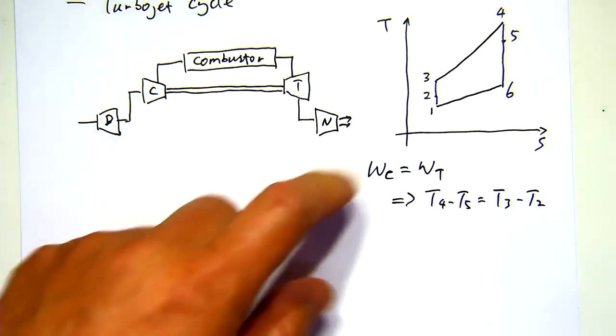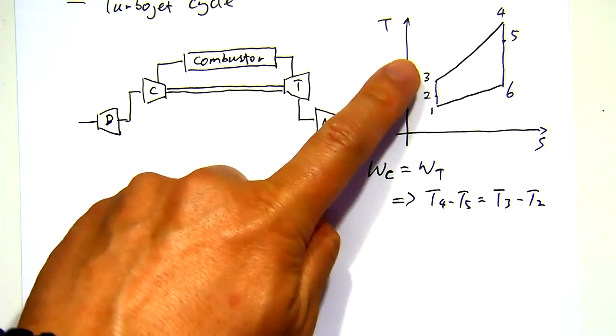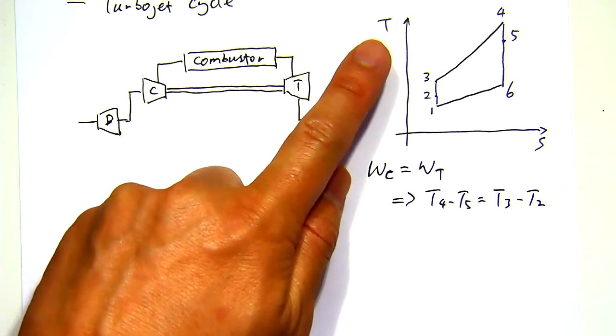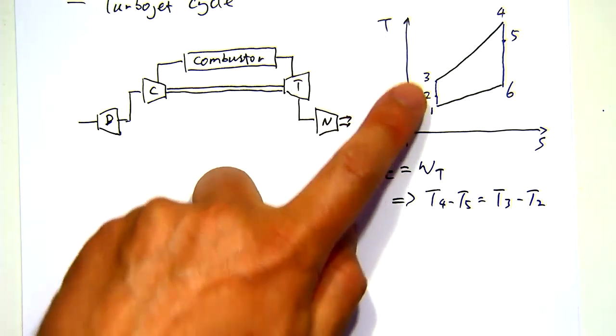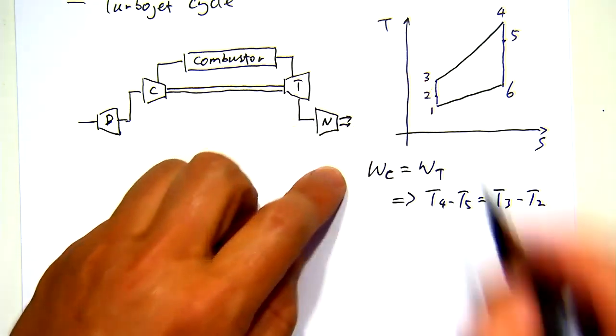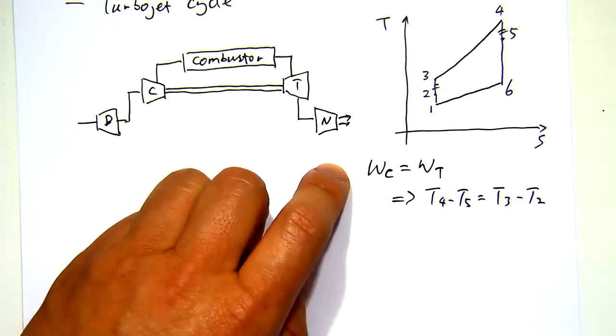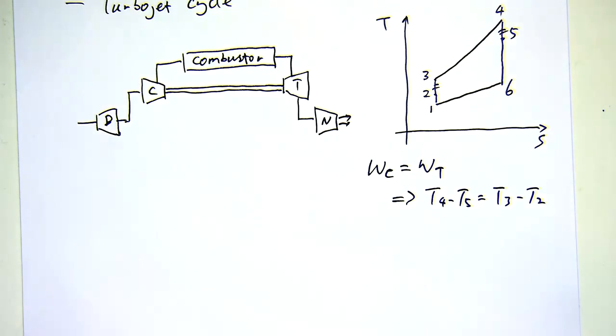So when the question asks you to draw a TS diagram for a pure turbojet cycle, you don't want to draw these two temperature differences being too different. They should be more or less the same, or in calculation exactly the same. But when you draw it, they should look more or less the same, right?